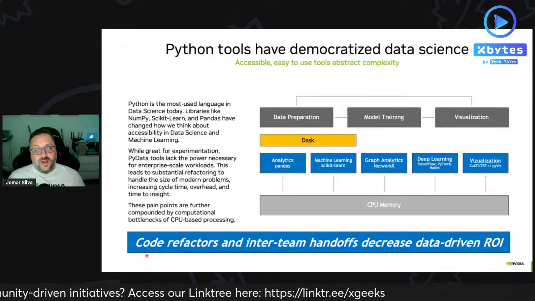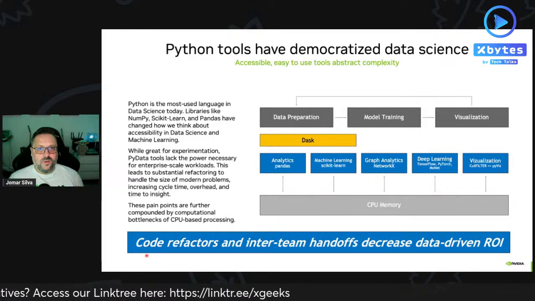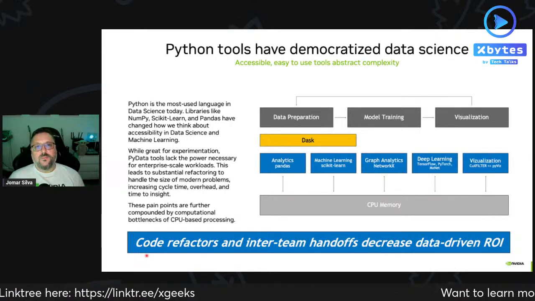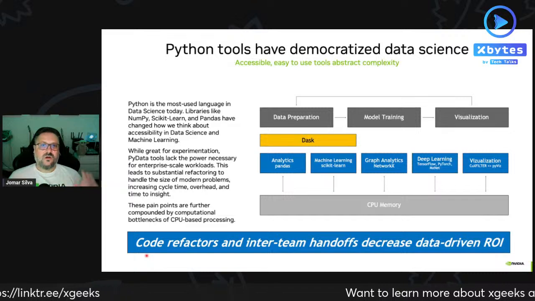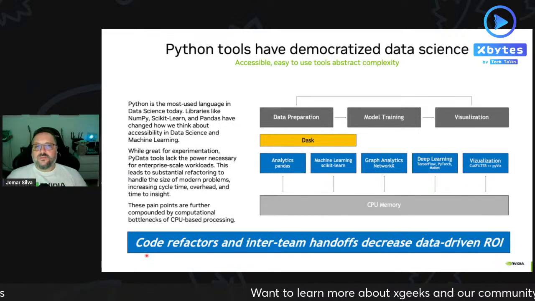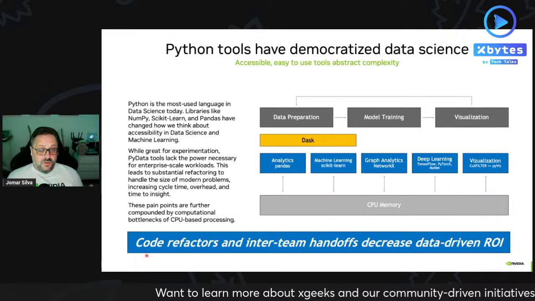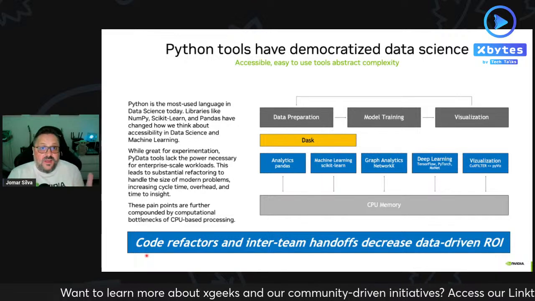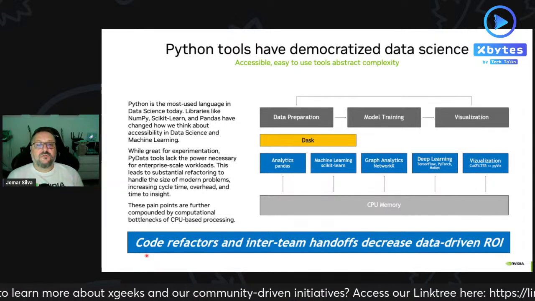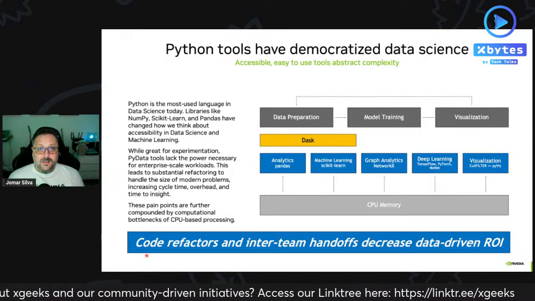They work very fine. They are very easy to work with, but they were developed to run on what I used to call generic hardware, which means they are meant to run on CPUs, and everything is built for that kind of environment.